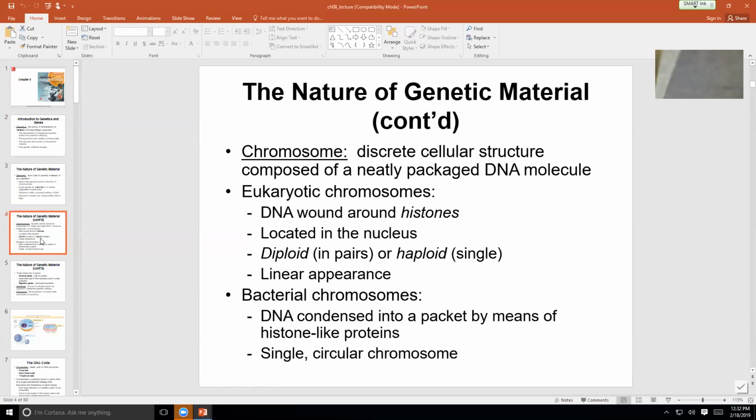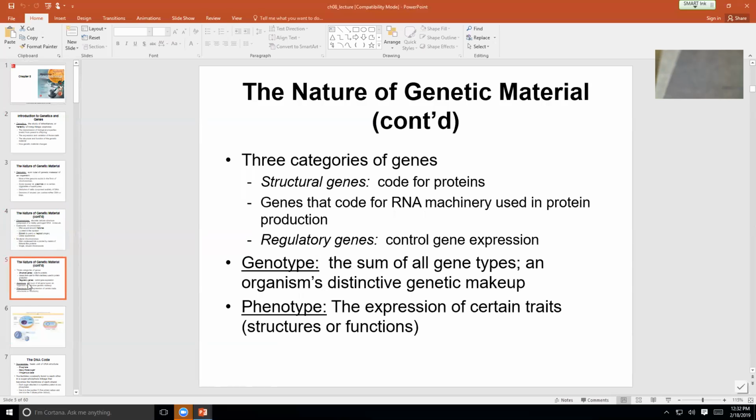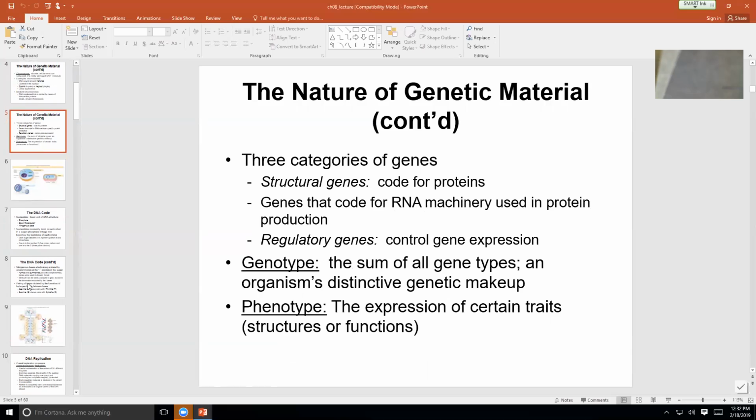If I get to something I really want to write down, I probably should. So there are different types of genes. When you hear the word gene, what you're really talking about is a recipe for a particular trait. What's another word for trait?